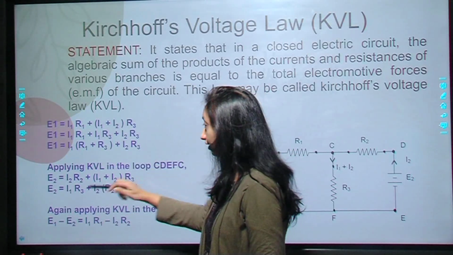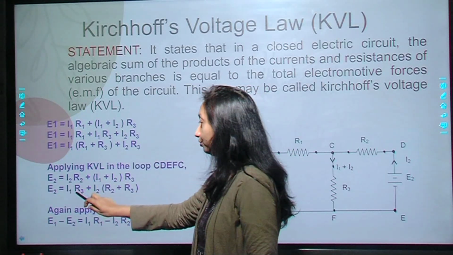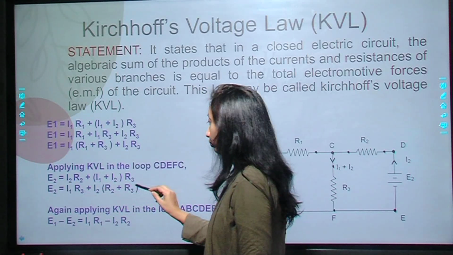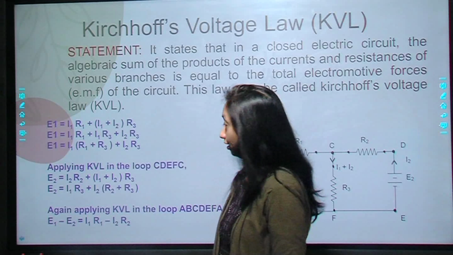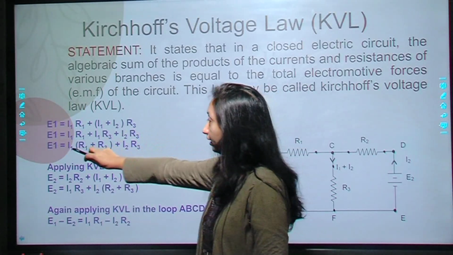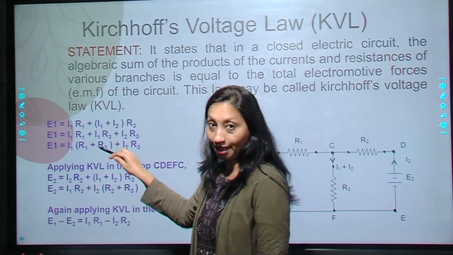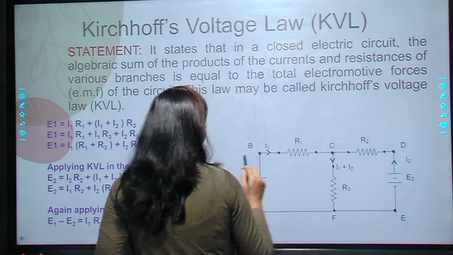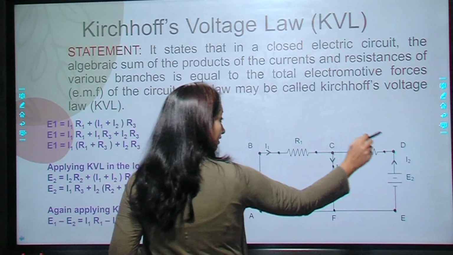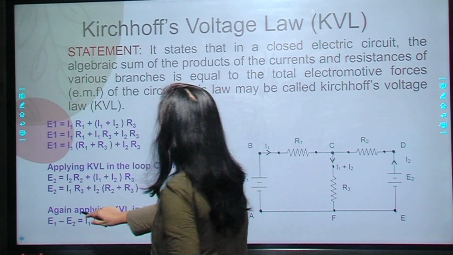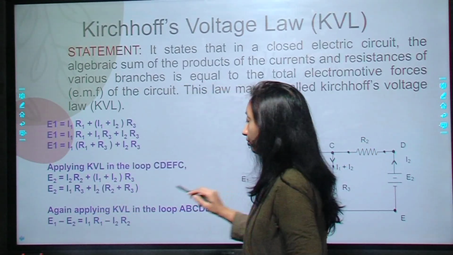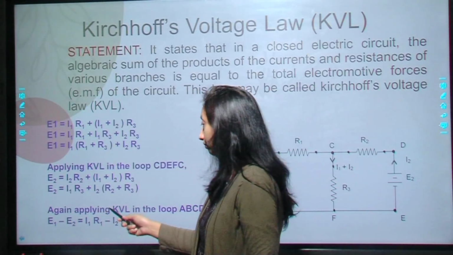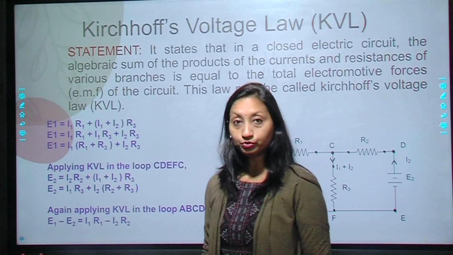By simplifying this, we get E2 equal to I1 R3 plus I2 into R2 plus R3. Now if we apply KVL in the whole loop, that is A, B, C, D, E, F, we get E1 minus E2 equal to I1 R1 minus I2 R2.